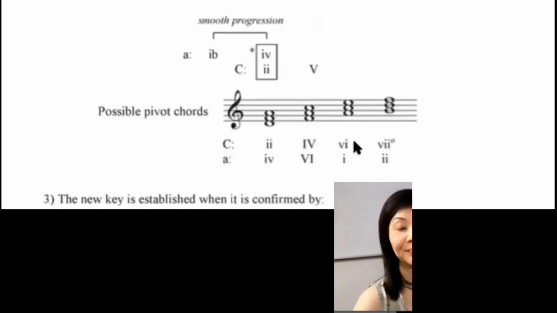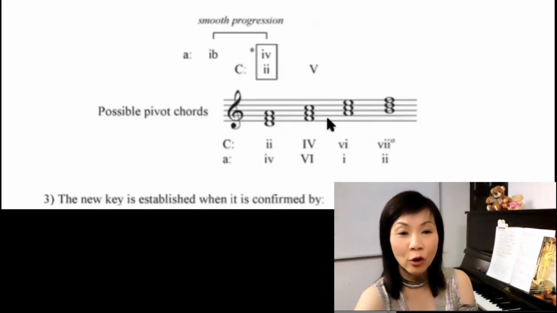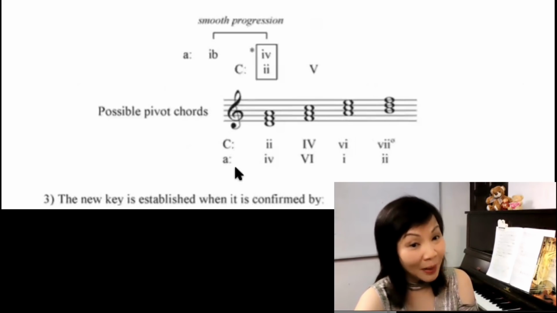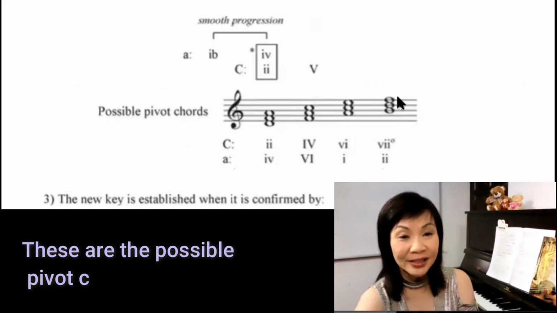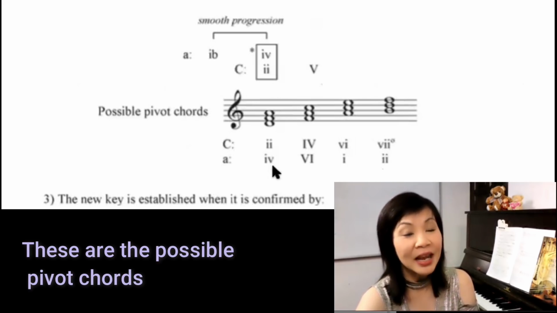If we look at both keys, here we have C major with chord 2, 4, 6, and 7. If we look at A minor, these are the chords that are shared by both keys. In A minor, it would be 4, 6, 1, and 2.